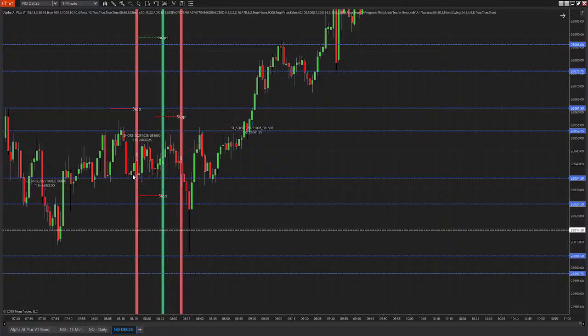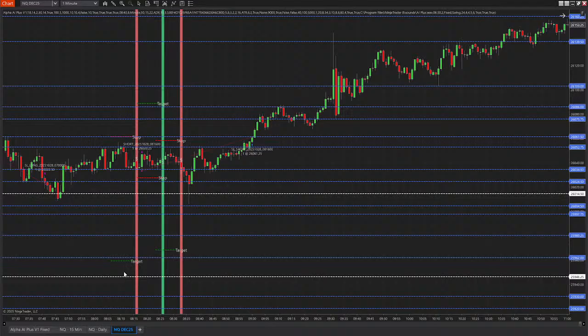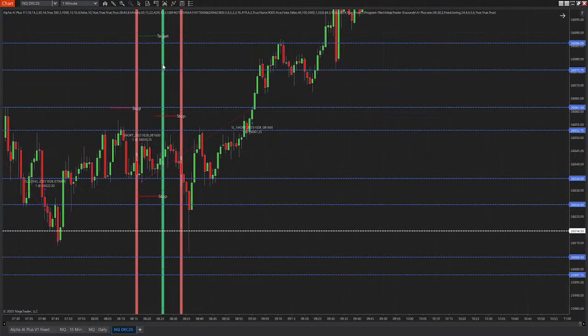It's using 1 minute, and it uses a limit order. So even if you have slippage, it doesn't matter because the stop loss is 5 swing low or high. It's a big stop. The target is 3-to-1. Look at the stop, look at the target. So it doesn't matter. This analysis is 100% accurate.